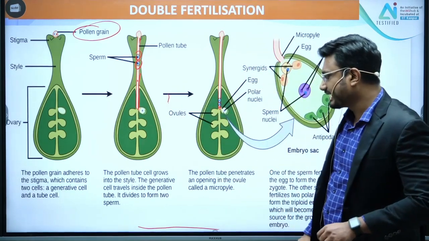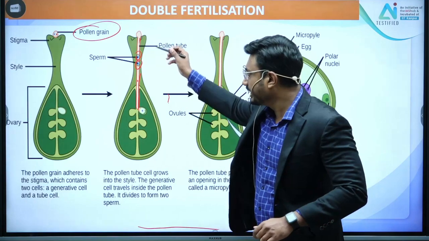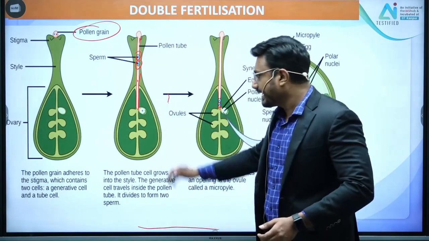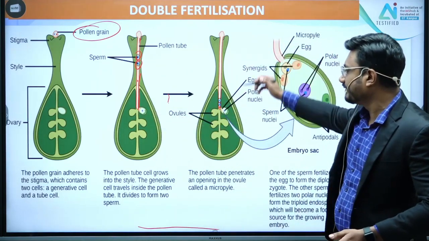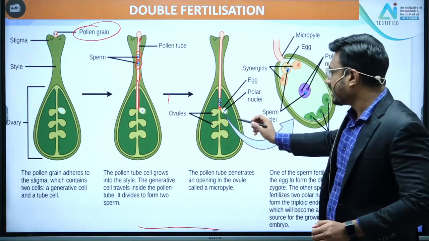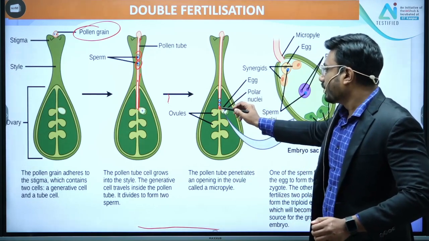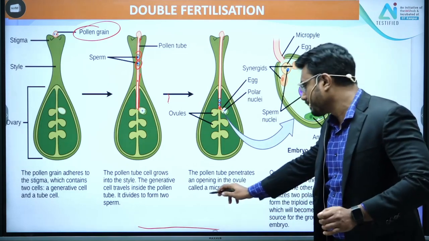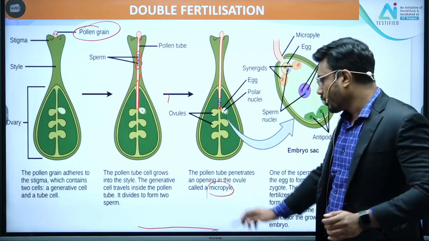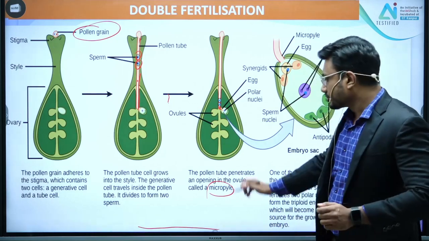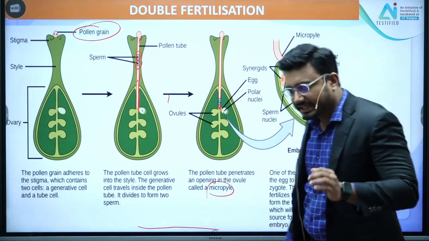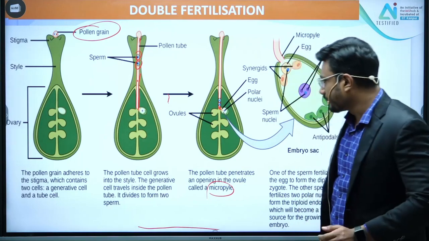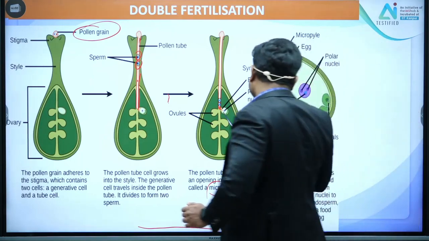When this pollen tube elongates, it enters the ovule through the micropyle, that is the opening present in the ovule. Now the pollen tube penetrates the ovule through the micropyle, so what is happening inside this ovule?